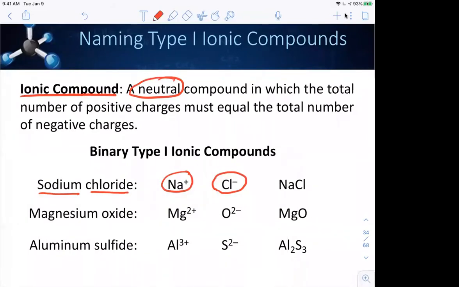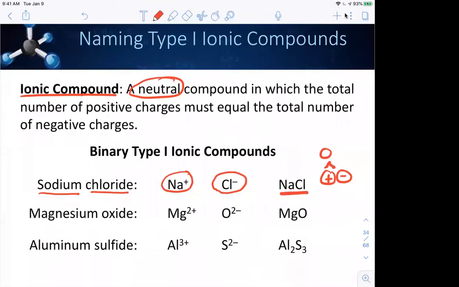I name the ion, which is the metal name, sodium, and then I name the root name of chlorine, which is chlor, plus -ide. It's a 1-to-1 ratio because I have 1 plus and 1 negative that cancel out to form 0. So my formula is NaCl. It's 1 Na plus and 1 Cl minus.